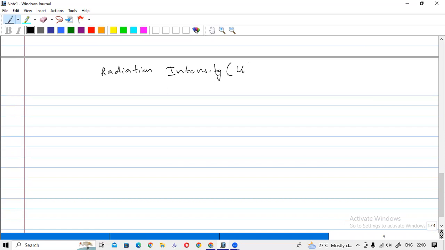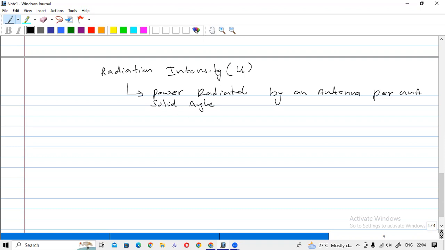It is normally referred to as U. Radiation intensity is defined as the power radiated by an antenna per unit solid angle. That is, the power radiated through a unit solid angle. That is called the radiation intensity.